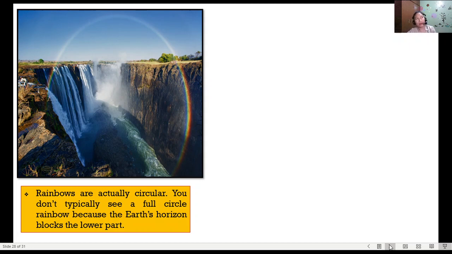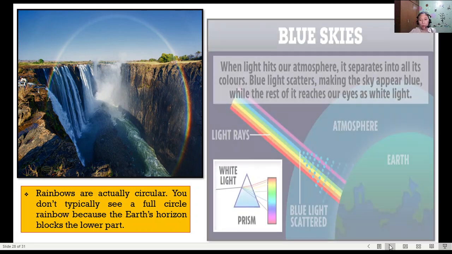Ayan. So, yung mga gusali, mga air pollution, yan, yung mga motion sa lower part ng Earth, ang nagiging dahilan para mag-block yung circle ng formation ng rainbows.